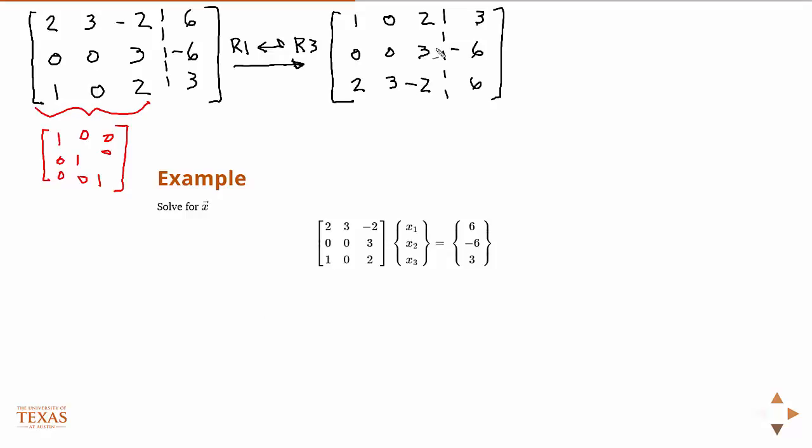So 1/3 row 2 gives us 1, 0, 2, 3, 0, 0, 1, minus 2, 2, 3, minus 2, 6.